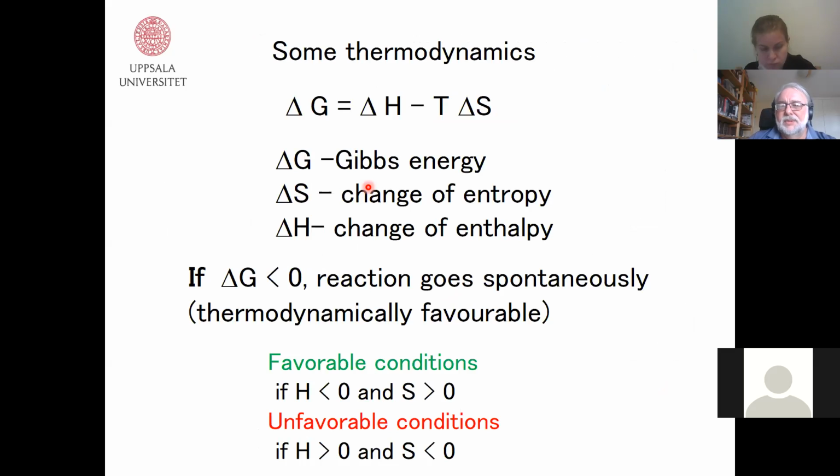And if you remember school or university courses, you should remember that any reaction is governed by the change of Gibbs energy, or free energy, in the system, which is composed of the change of enthalpy and the product of temperature and entropy.